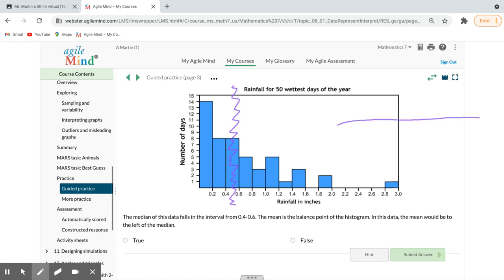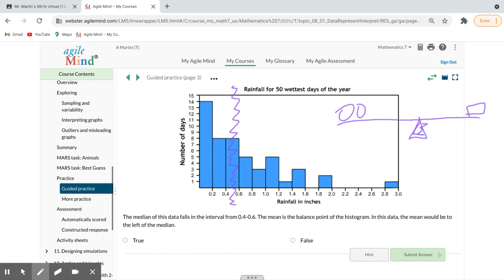All right. So remember, we had the balance beam was our mean, okay? Now, this is like having some weight over here being equal to something on this side, okay? So it says the mean is the balance point of the histogram, and in this data, the mean would be to the left of the median.